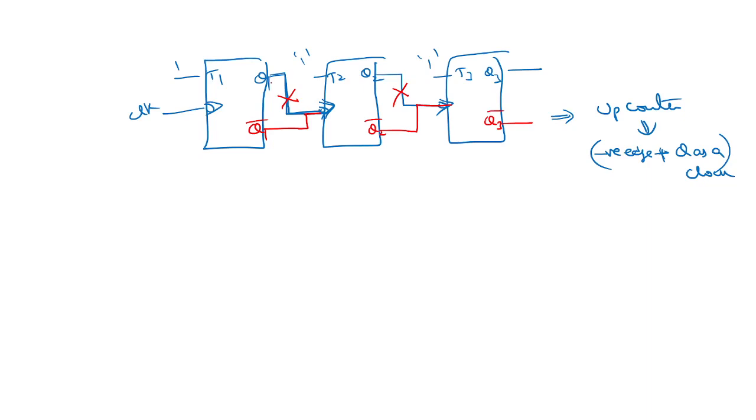I'm considering the outputs here only, X, Y, Z. There is no change in that. Instead of Q1, now I apply Q1 bar as a clock. What will happen to this counter? There is no change. Only the clock has changed. That's all.